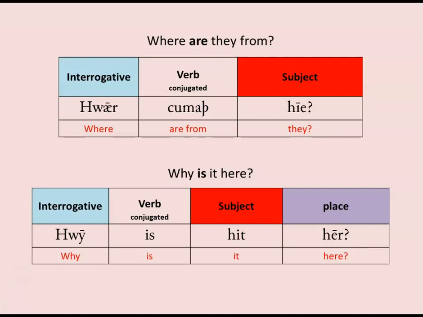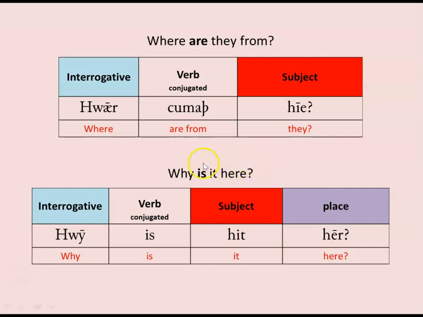Okay, where are they from? Hawar kumath here. Here as in they. Where are from they? The interrogative pronoun, then the verb, then the subject. And if there's anything else, that'll come afterwards, as in this example. Why is it here? Not all that really dissimilar from modern English.